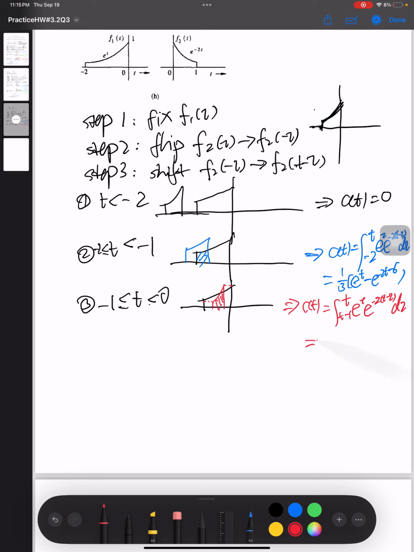And eventually we can get the solution, which is 1/3 times (e to the t minus e to the 2t minus 3).